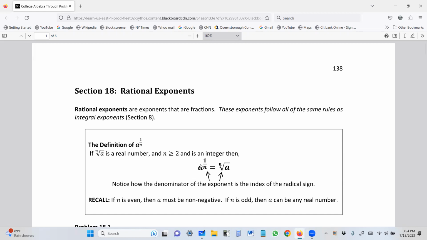But since we cannot apply the definitions of exponents to a rational exponent, we need to convert that to a radical expression, the one that you see here on the right.